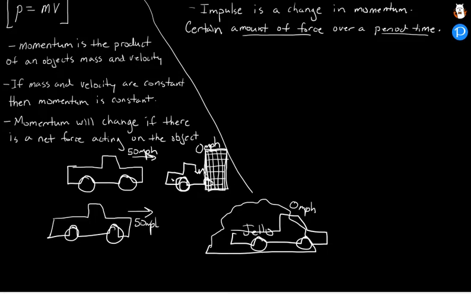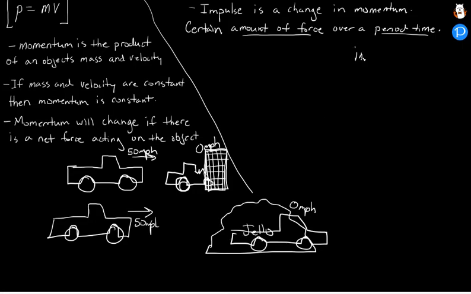But in this case, it took a large amount of force over just a few milliseconds, whereas here, a very small amount of force but a longer period of time. As we're going to see, those two variables can change, but the impulse is going to be the same on both. So for impulse, we have to look at not only the force involved, but also the amount of time that is happening during that impulse.